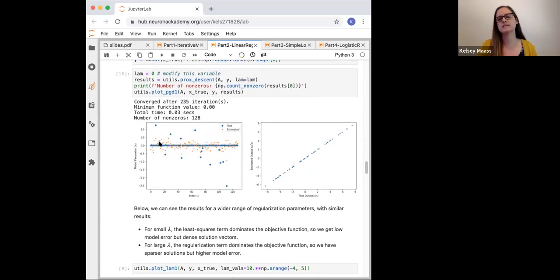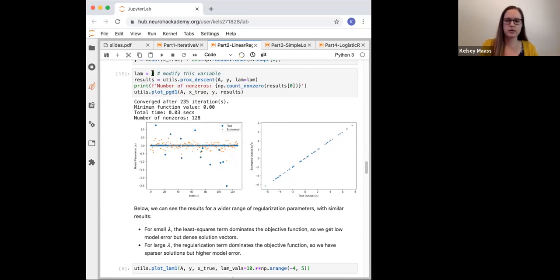So here we see the solution with no regularization at all, just the ordinary least squares problem. In blue, we see the true coefficient values of X, where only about 14 of them are non-zero. But then in orange, we see our solution. So we do a very good job at matching our true output with our predictions, but our solution isn't sparse.